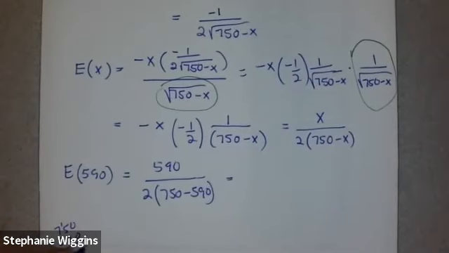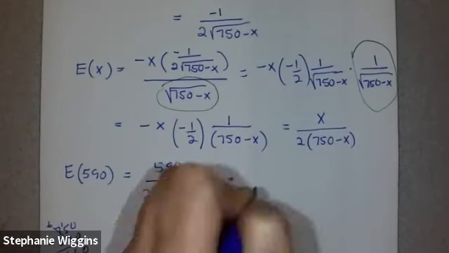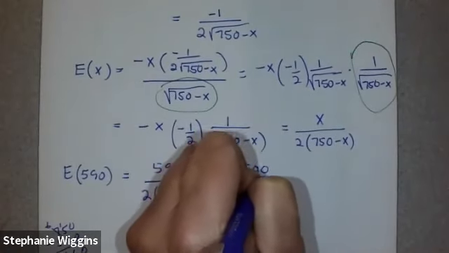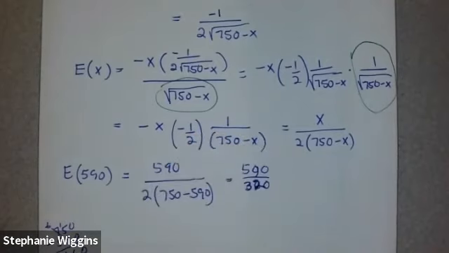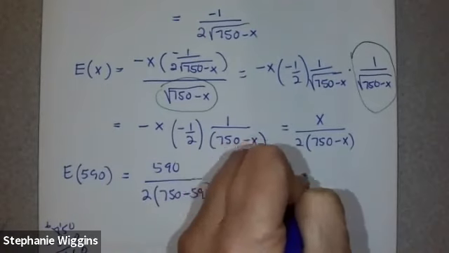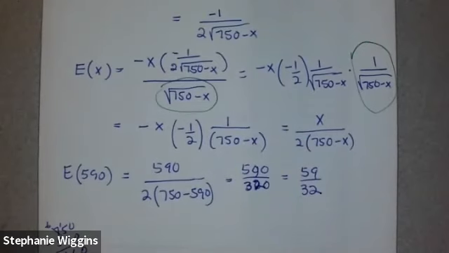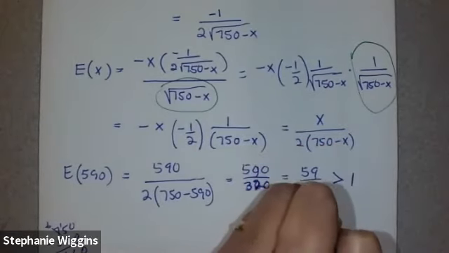That's going to be, 15 minus 9 is 6, and then 6 minus 5 is 1, so 160 times 2. So it's 590 over 320. Sorry, I'm making a mess there. Okay, so that simplifies to 59 over 32. And notice this time the numerator is greater than the denominator, so it's greater than 1, so it's elastic.